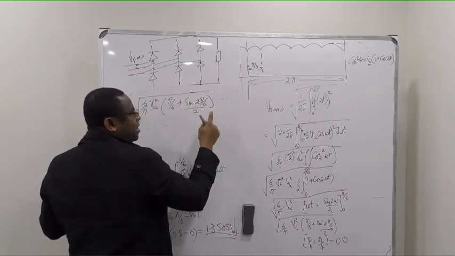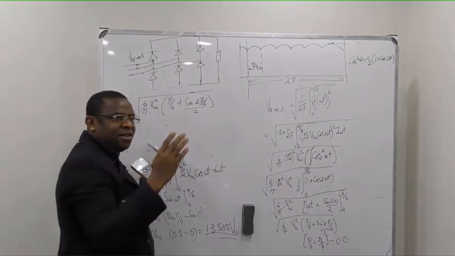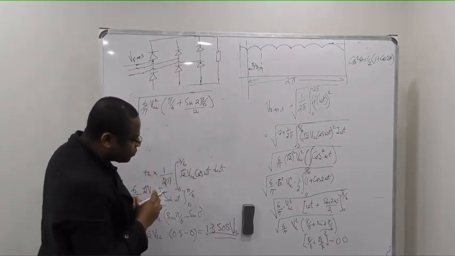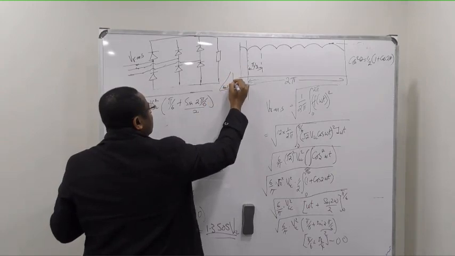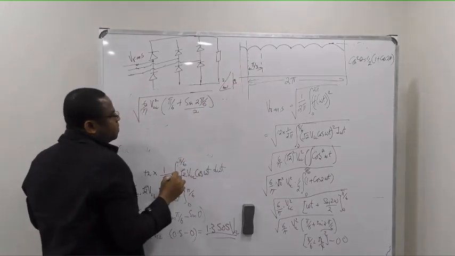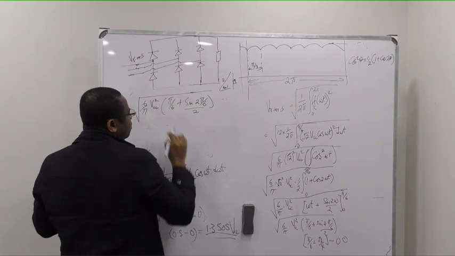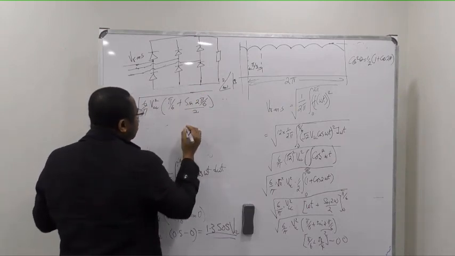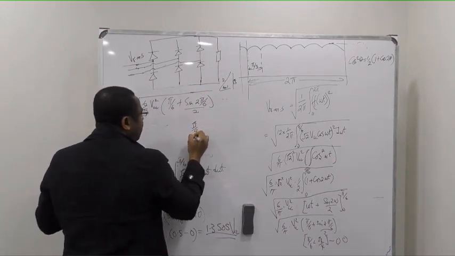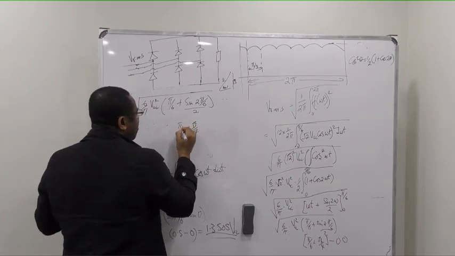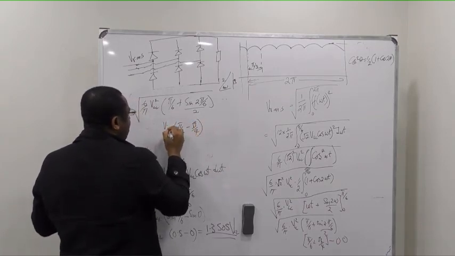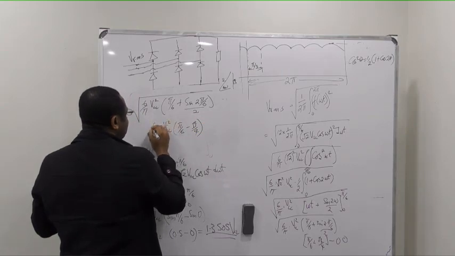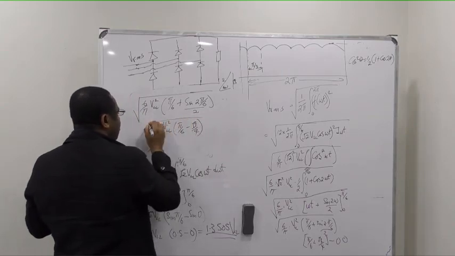Pi over 3 is 60 degrees, and sine 60 is root 3 over 2. So I'm going to have here root 3 over 2 divided by 2, which gives you root 3 over 4, plus pi over 6, into VLL squared by 6 over pi, the square root of this.